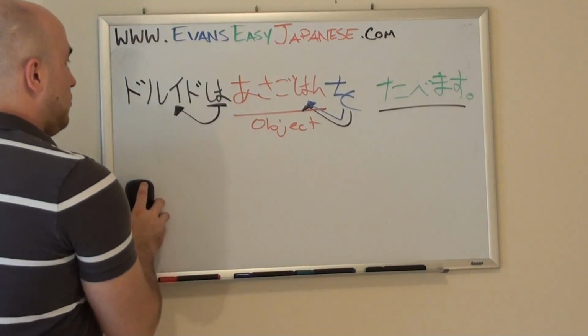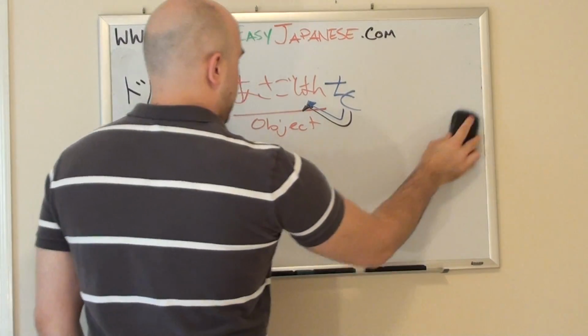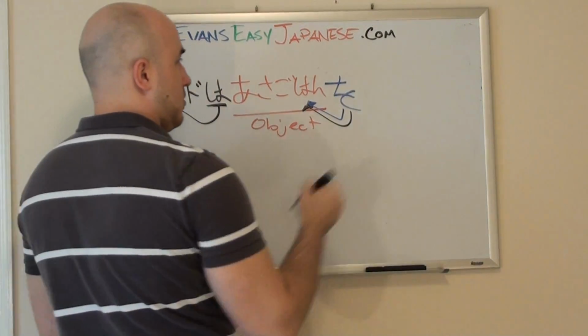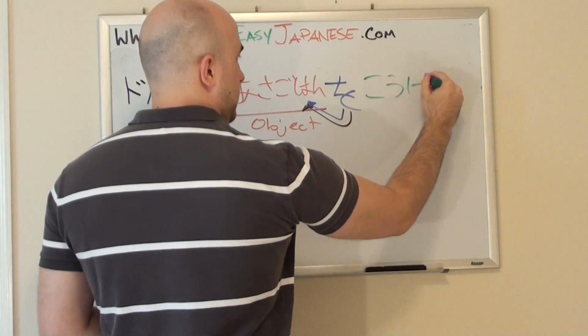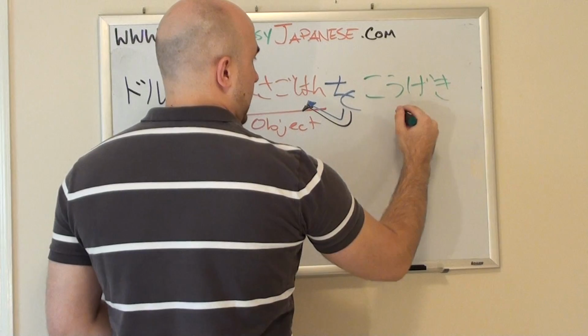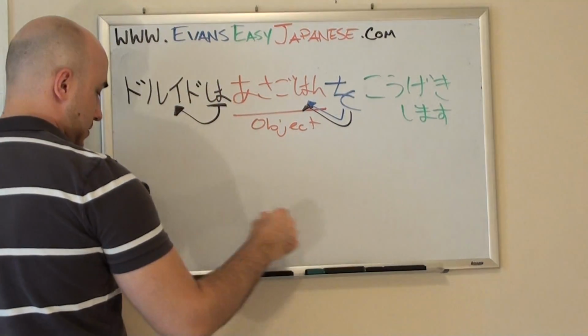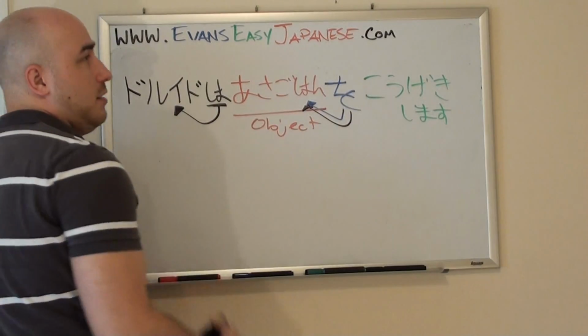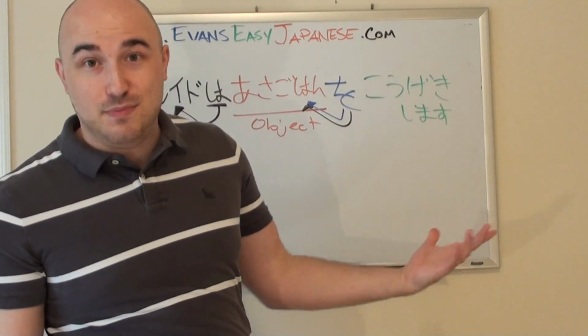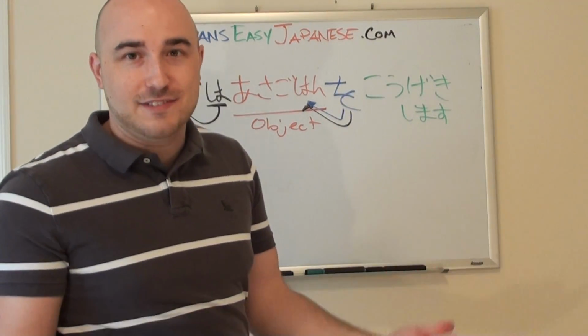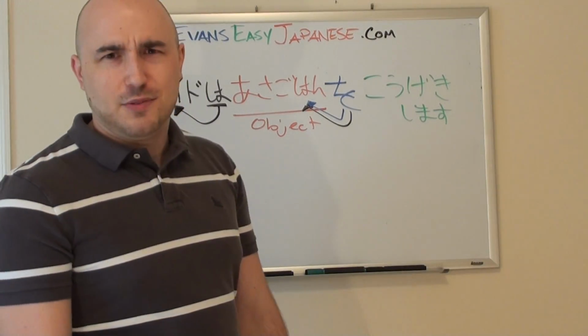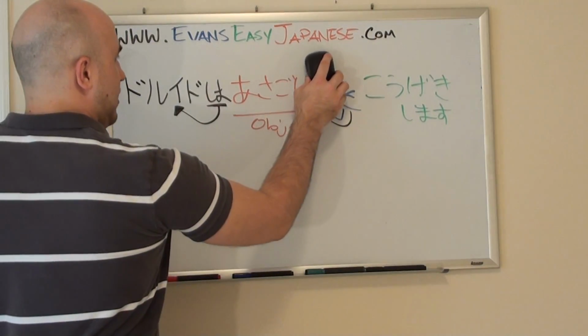Now, let's find out what the druid attacks. Attacks. Kougeki shimasu. It's a long one, so I'm going to take up two things. Maybe the druid attacks breakfast. Hey, who knows? Maybe breakfast is something weird. However, this probably doesn't make much sense.